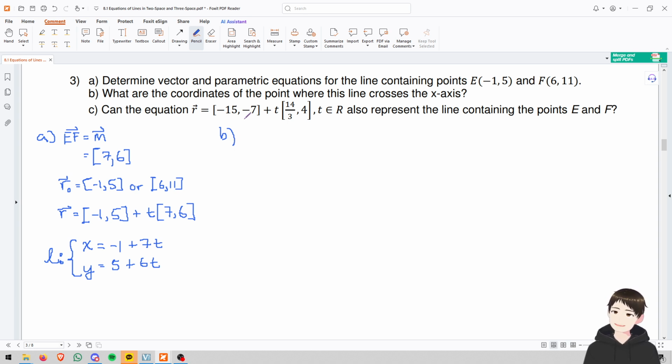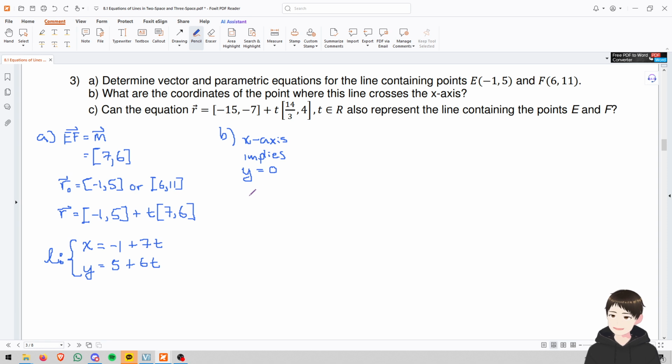Part B. What are the coordinates of the point where this line crosses the x-axis? Oh, okay. When the line crosses the x-axis, it implies my y value equals 0. So let's take a look at the parametric equation. Because I have one part of a location, I can calculate the parameter, which will in turn be the same as the x, which allows me to calculate the x. Parametric is so fun.